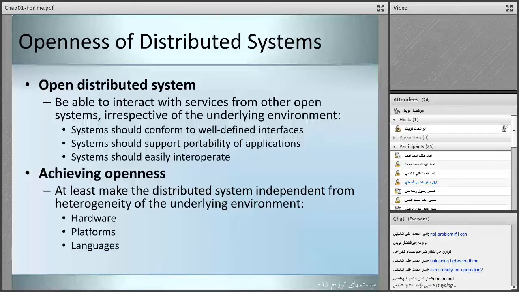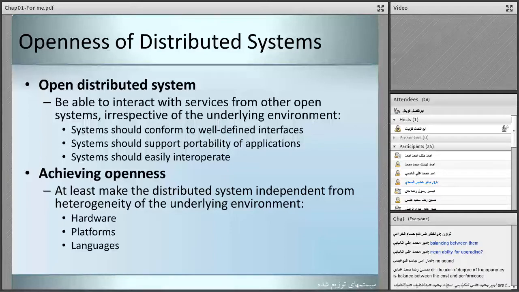Upgrading, it's not exactly about upgrading. It's about adding new resources and new services. Maybe we can say it is upgrading. But let me give you another definition.